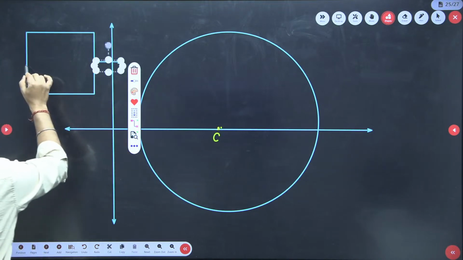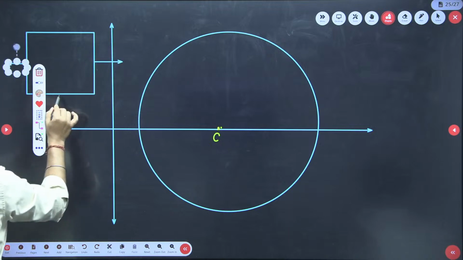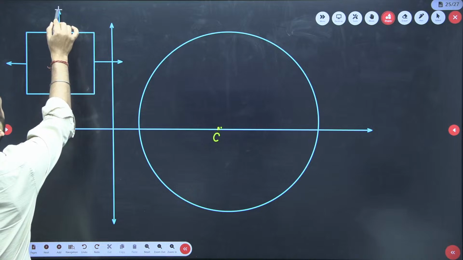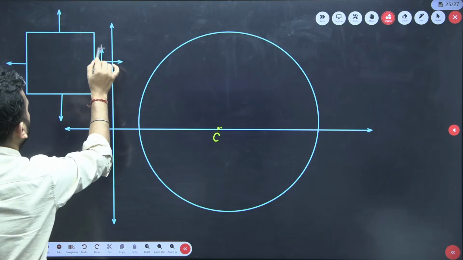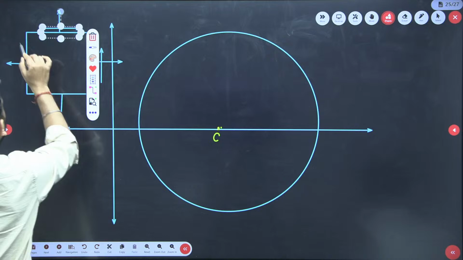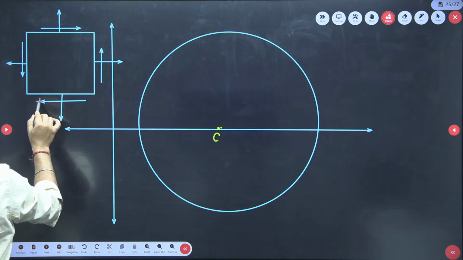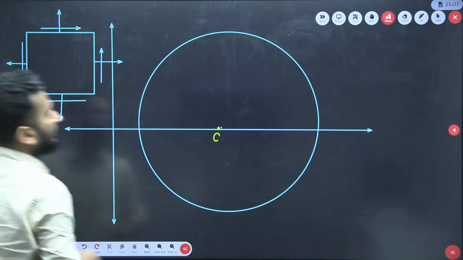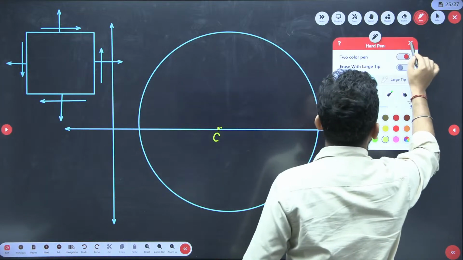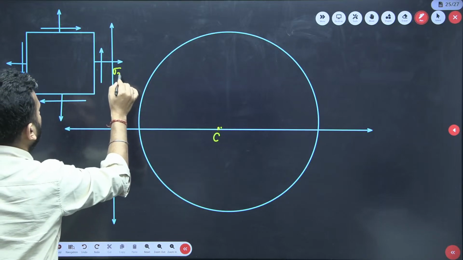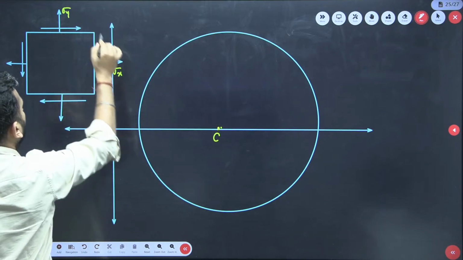The normal stress, the shear stress. So this is your sigma x, this is your sigma y, and this is your tau.